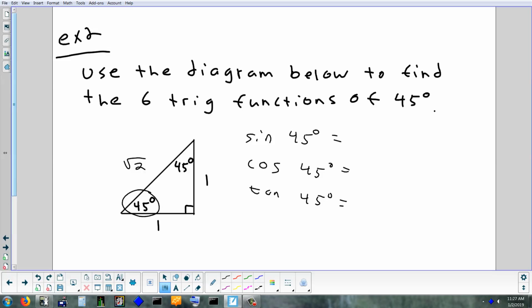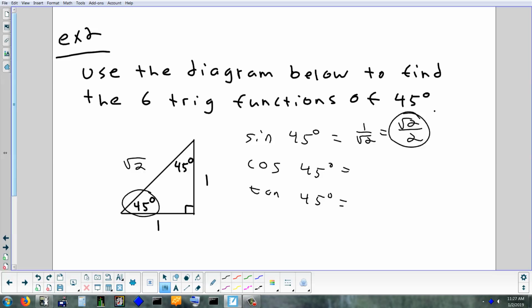Sine would be 1. Opposite over adjacent. Well, is sine opposite over adjacent? Or hypotenuse. Hypotenuse. Yeah, so opposite over hypotenuse would be 1 over square root of 2, which you can't do. So it would be root 2 over 2. Yeah, that 2. Sorry. Thanks, Emma.